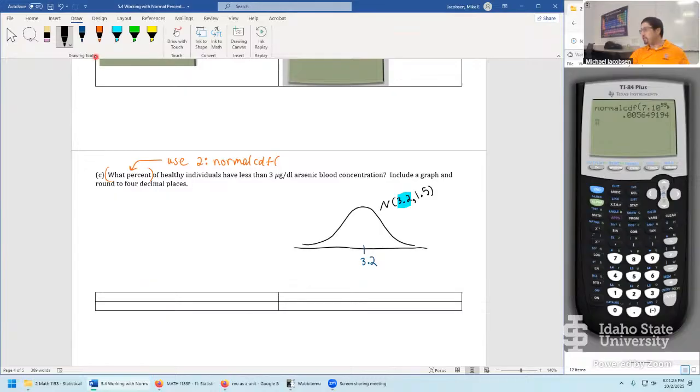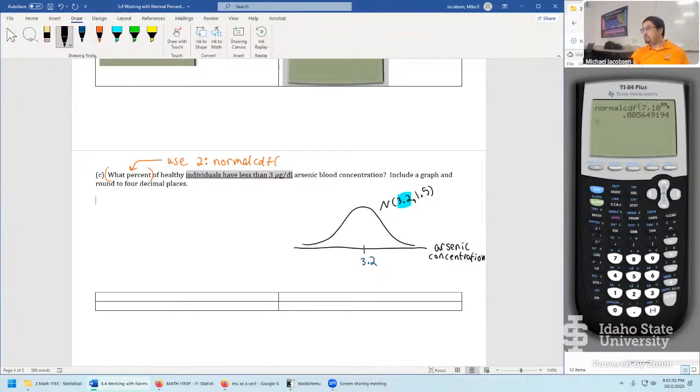And I'll call this just briefly arsenic concentration. That's definitely extra. That takes some time to do, but it's helpful the first time, just reminding us of the context. We're asked what percent of healthy individuals have less than 3 micrograms per deciliter blood arsenic concentration.